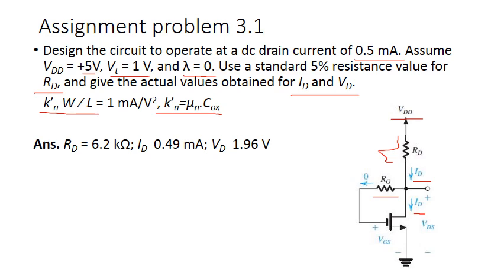Then from the previous slide, you can get the equation for RD to calculate RD: VDD equals VGS plus IDRD. You can take that equation and calculate the values of RD, ID, and VD. So this is the answer. Do the calculation and see that you get these answers. Thank you.